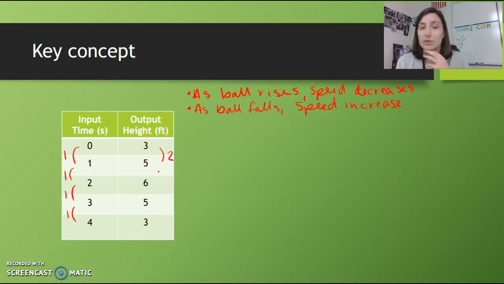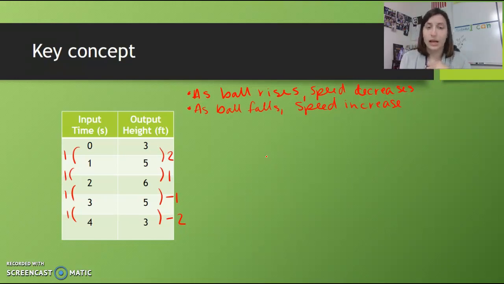So that's a difference of 2. But at 2 seconds, we only increase by 1 foot. And then at 3 seconds, we start going down, decreasing by 1 foot. And then at 4 seconds, we've decreased by 2 feet. And so we don't have that constant rate of change.